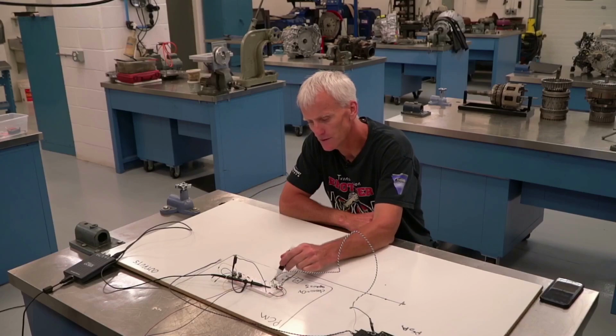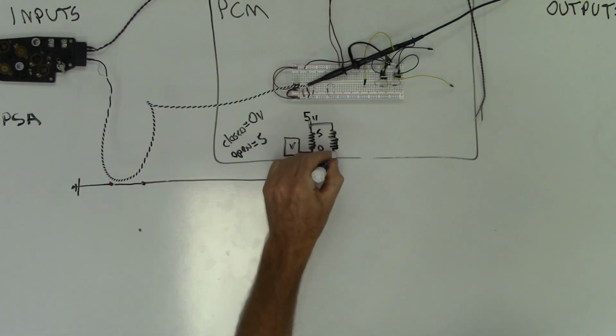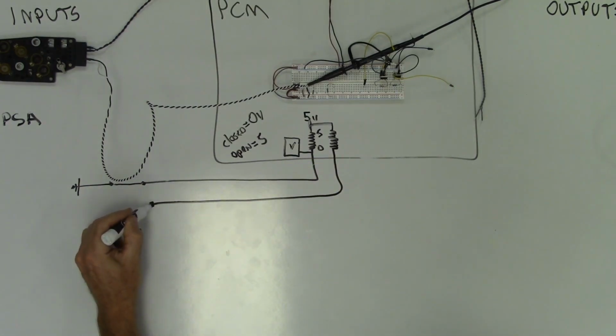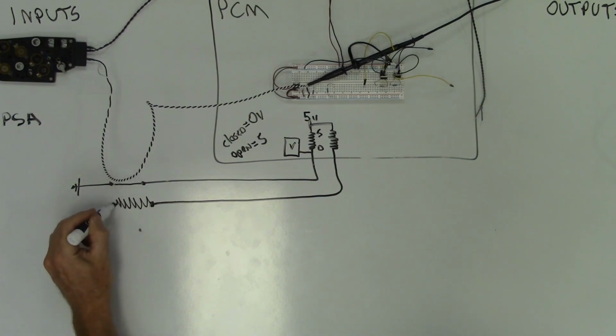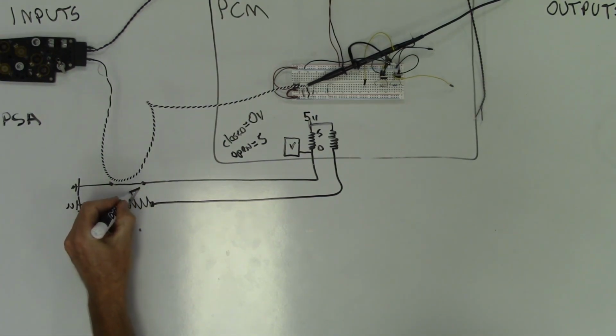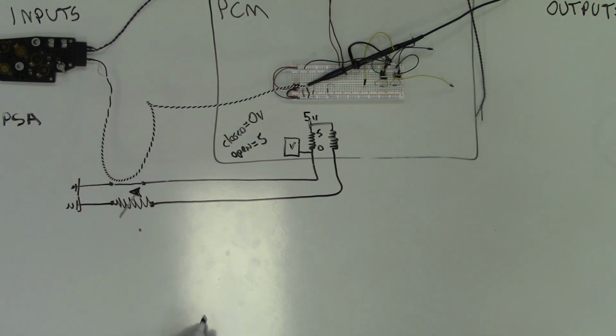I've got my 5 volts, and I've got an internal resistor, and then it's going to travel over to my thermistor, which changes with temperature. So they'll draw an arrow through that, basically showing that that changes as temperature changes.